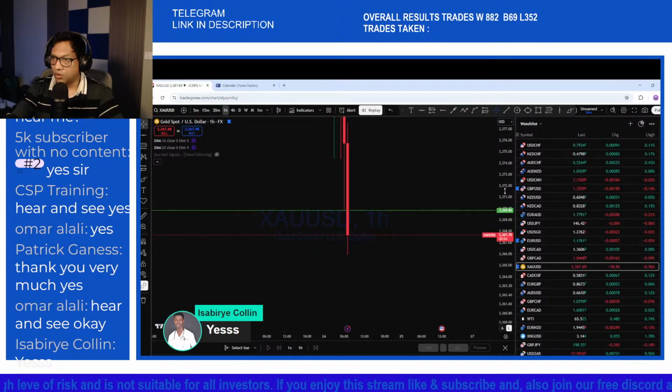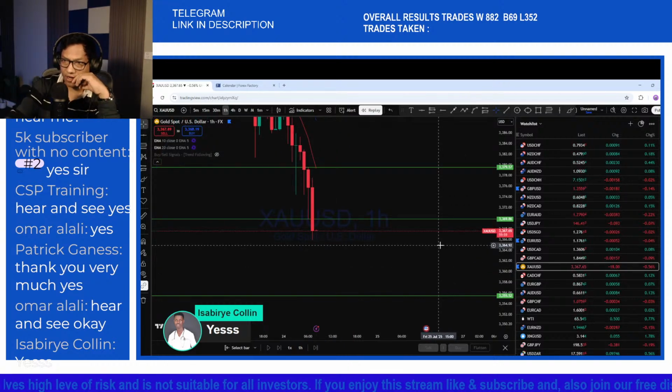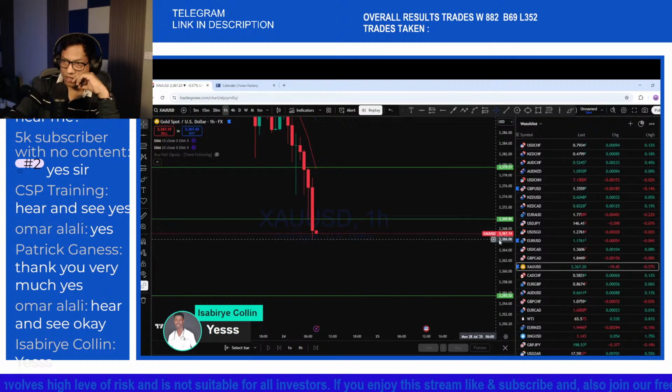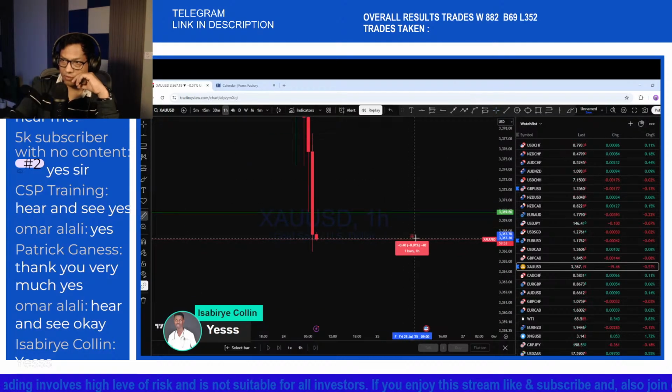So with the 4-hour close coming up, it's a highly falling market. So you could see potential continuation below here in this market.